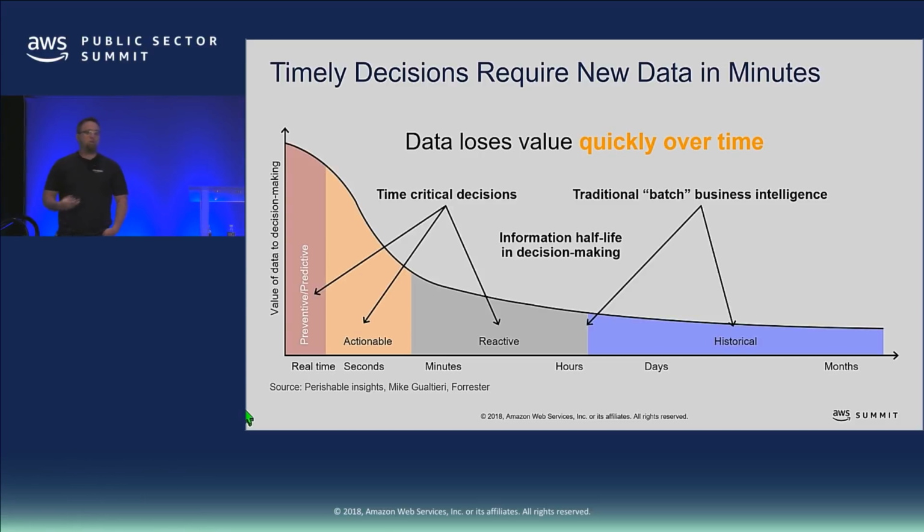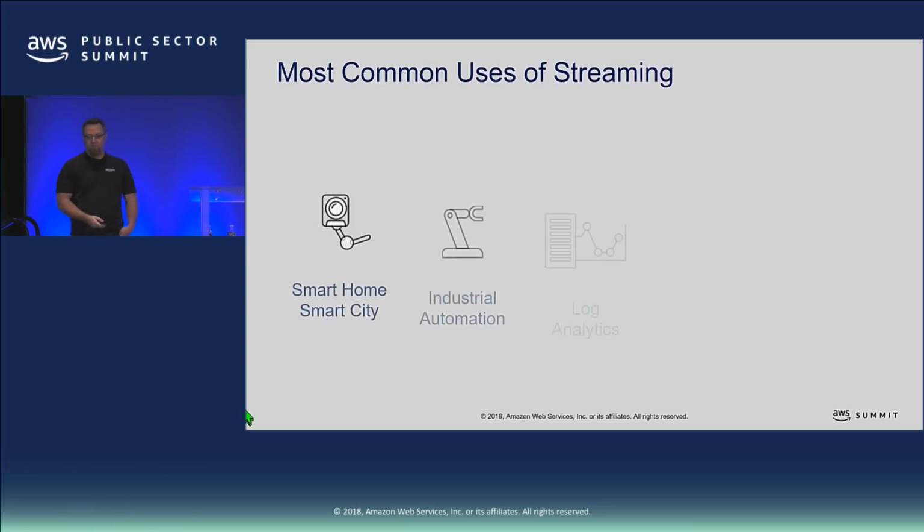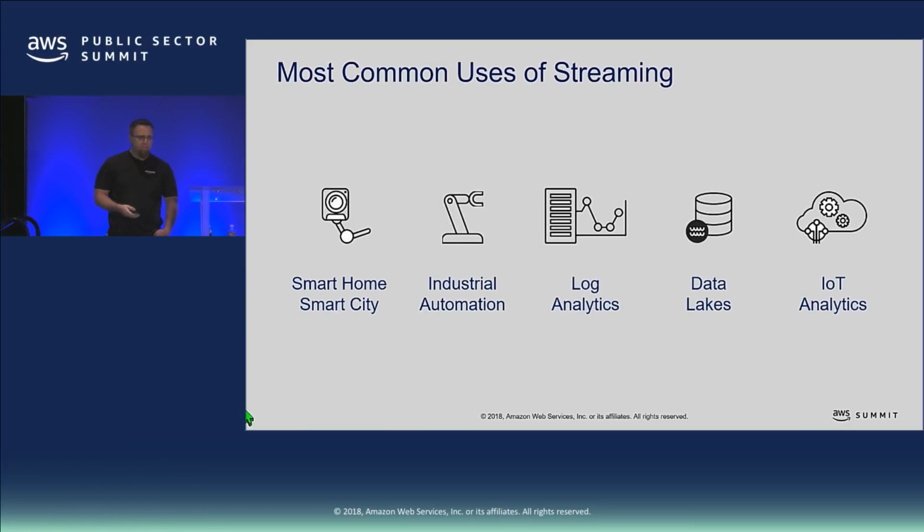So this is where streaming concepts really come into play, and Kinesis itself is really the driver from an AWS perspective. Some of the common use cases for this: streaming into data lakes, which we'll be talking about a little later here. IoT analytics, maybe you want to capture information on temperature sensors or flow meters for water flowing through systems and react to that in real time.